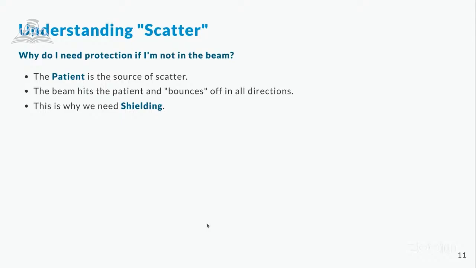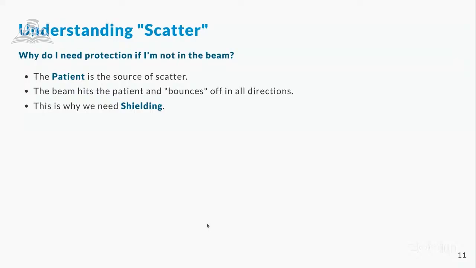Scatter happens when a photon enters the patient and interacts with the material inside the patient. That would lead to the photon bouncing around inside the patient. Some of it gets absorbed inside the patient, some of it comes out and hits the detector, and some of it bounces away from the patient in every direction.